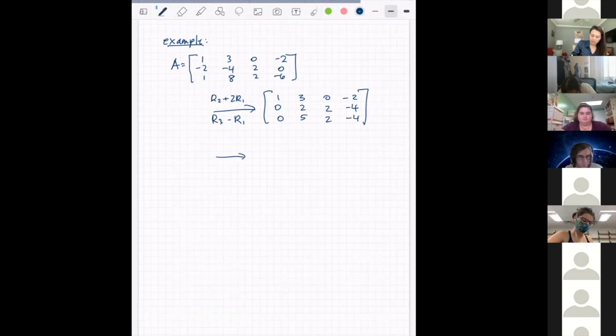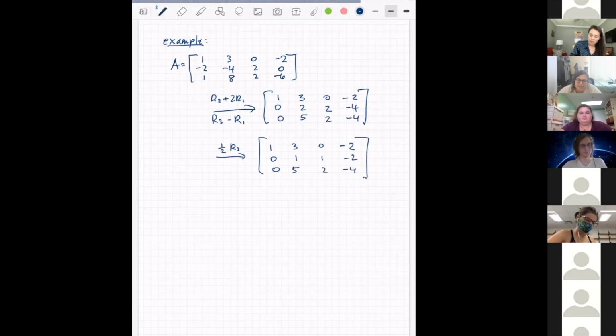And let's see, I can divide row 2 by 2. I think it might just be easier if you just subtract row 2 from row 3. Subtract row 2 from row 3.